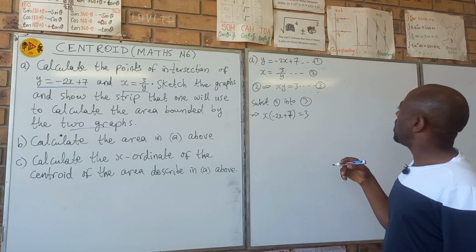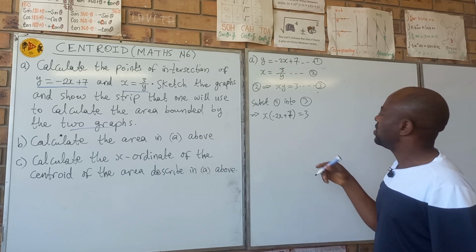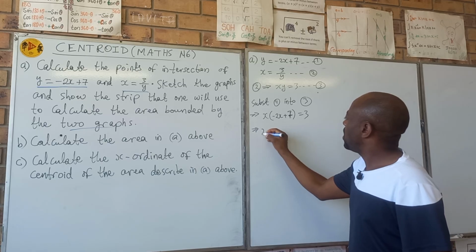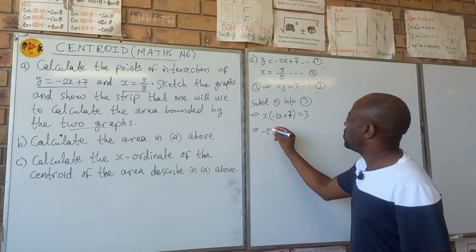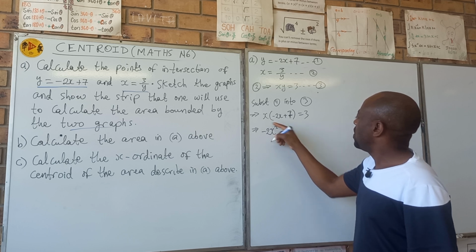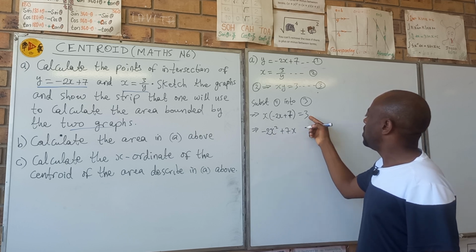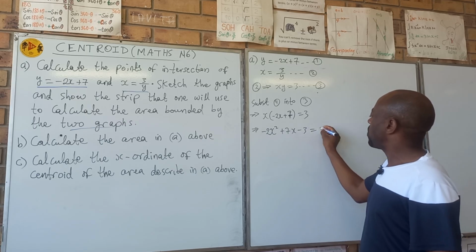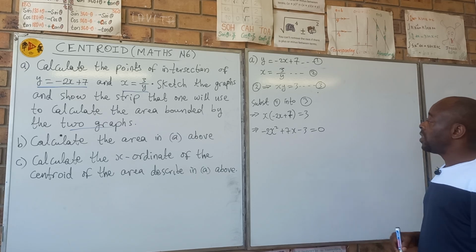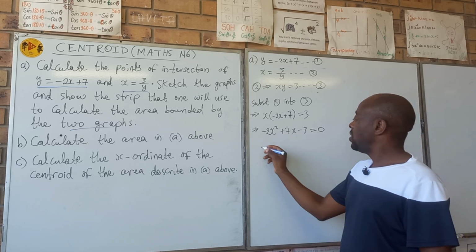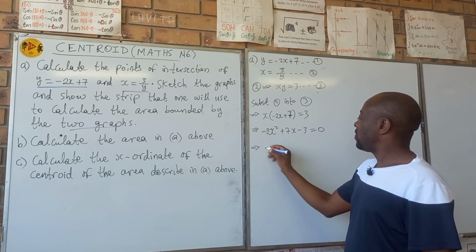Then if I open my bracket, I will get negative 2x squared, then plus 7x, then I take 3 that side, minus 3 is equal to 0. So from there, to solve, you can just substitute into your quadratic formula.